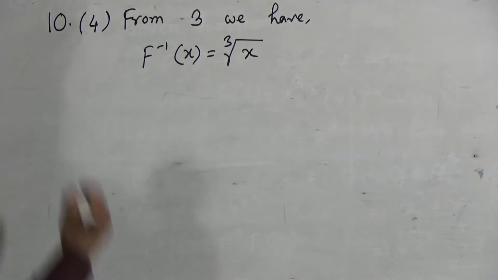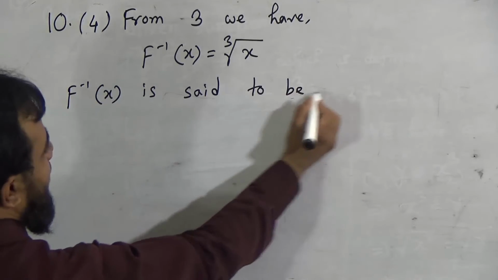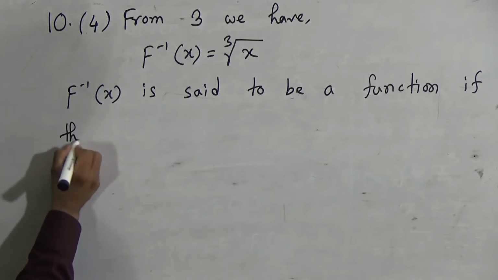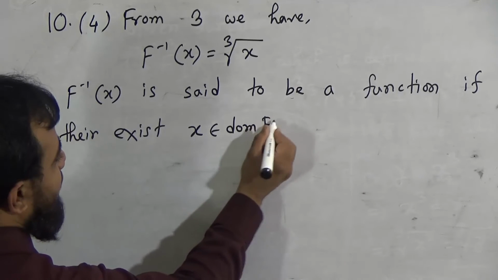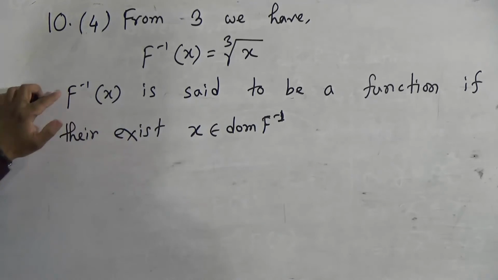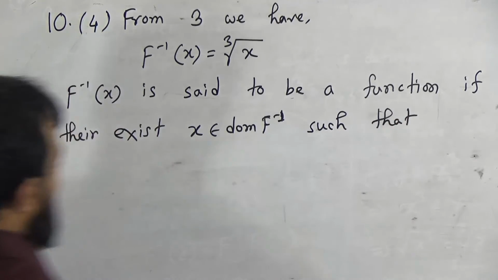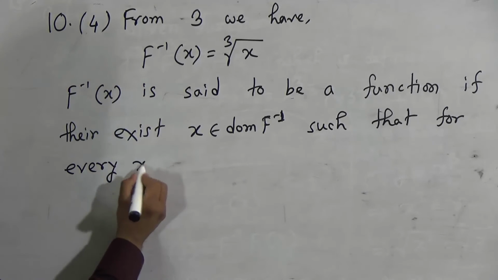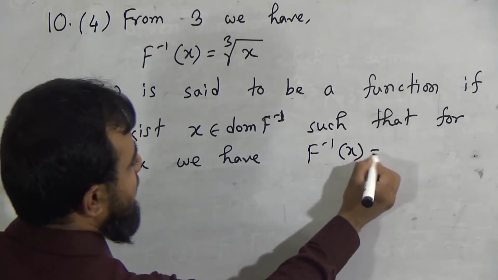Suppose now we write down: f inverse of x is said to be a function if there exists x belonging to the domain of f inverse, such that for every x we have f inverse of x equal to y.